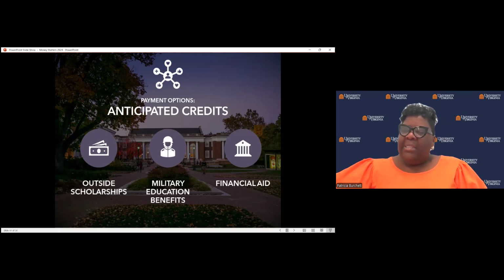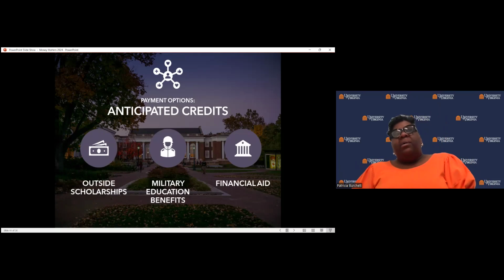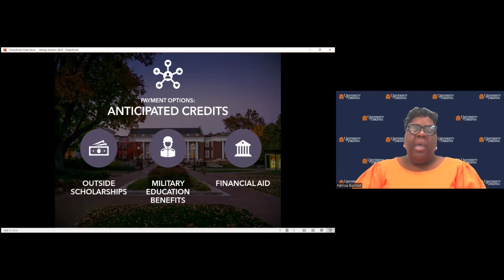Next, I want to talk about anticipated credits. The sum of all of the grants and scholarships and financial aid, which could include student loans, combined can sometimes be more than the actual charges for a particular term.